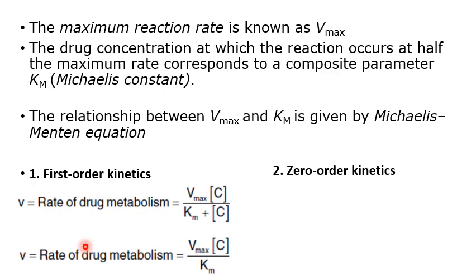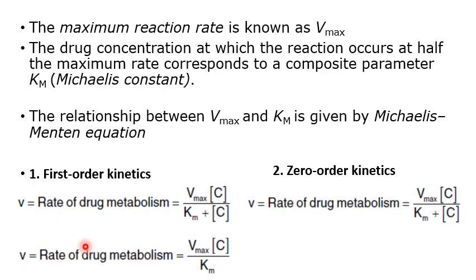In the other case, in zero order kinetics, the equation can be written like Vmax multiplied by plasma concentration over Km plus plasma concentration. Since plasma concentration in cases of zero order kinetics is very high, we can just neglect the value of Km, and the equation can be rewritten as Vmax multiplied by plasma concentration over plasma concentration.